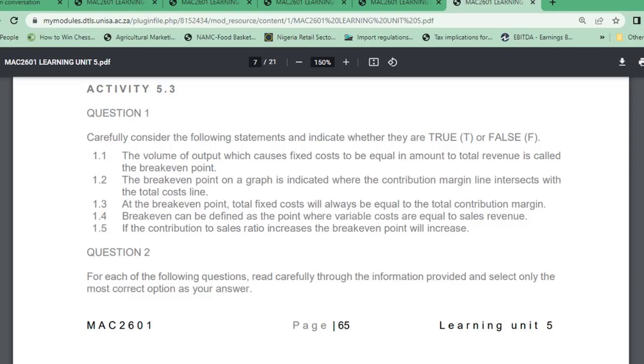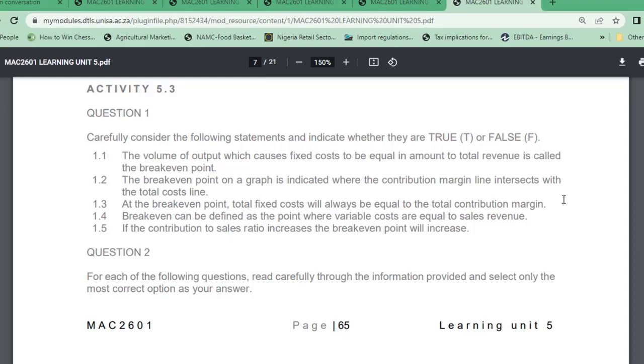False. Why? I was just analyzing the question, sorry. Okay, let's see what they say. So it is false. Why? It will decrease. An increase in the ratio will mean a larger contribution is available to fixed cost.